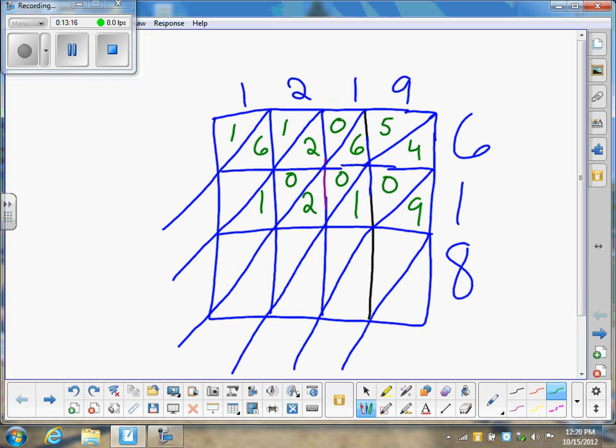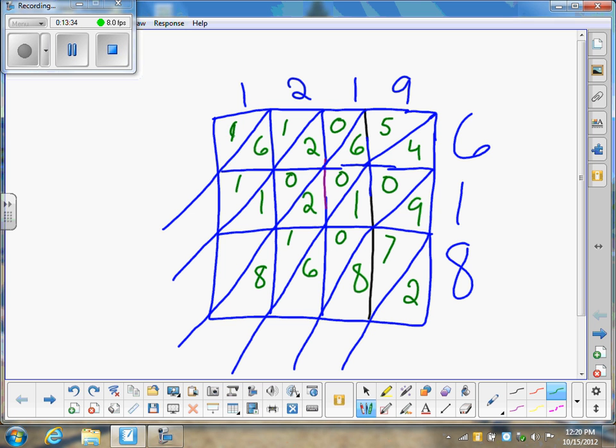And 1 times 1 is 1. After, we will write 9 times 8 is 72. 1 times 8 is 8. 8 times 2 is 16. 1 times 8 is 8.